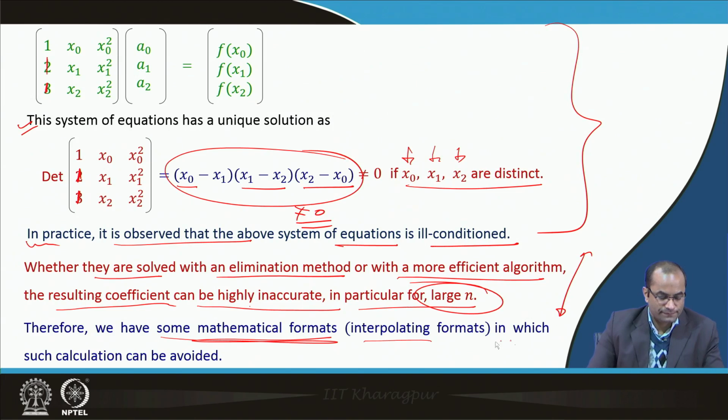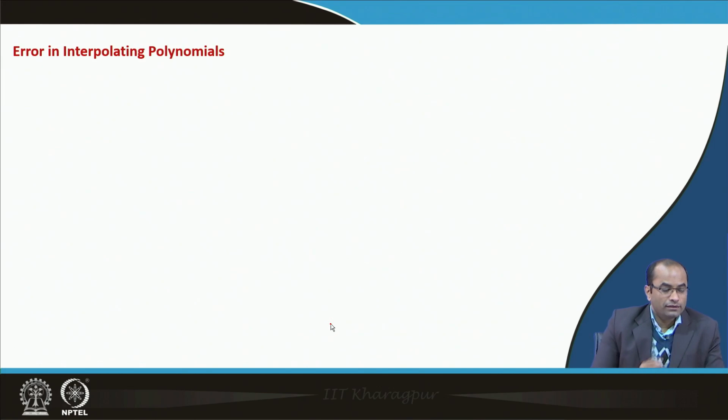The last portion of this lecture will be talking about the error in the interpolating polynomials, because the polynomial is unique. Before we go for different methods of constructing that polynomial, we can talk about what is actually the error in this approximation. That is also an important point which we should address.